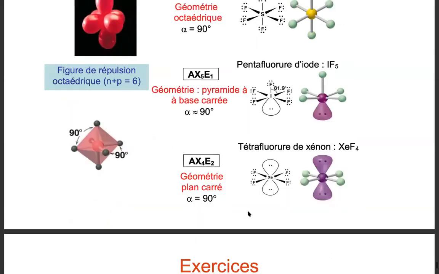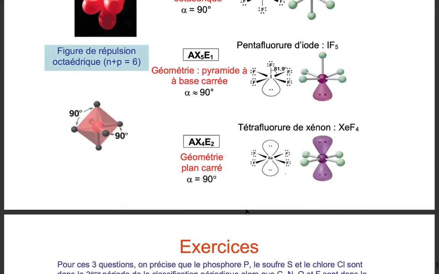And the last one is xenon pentafluoride. So this one forms also a repulsion, that is geometry à plan carré with n equals to 4, 1, 2, 3, 4.